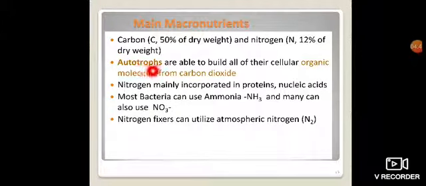Autotrophs are able to build all of their cell's organic molecules from carbon dioxide.